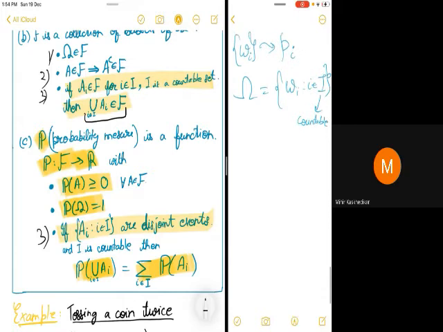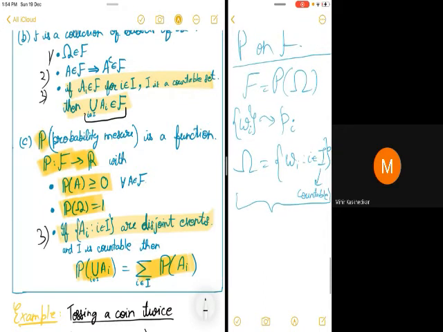So is this thing clear? This is basically just the definition of countable. You can take it to be, for now, omega_i such that i is a natural number.